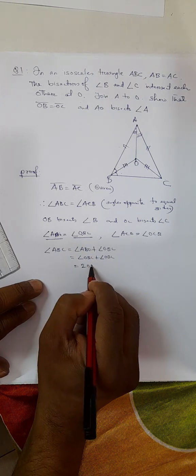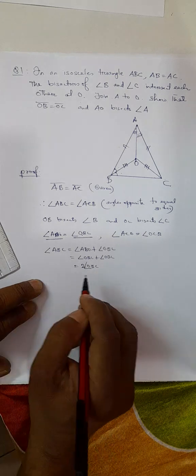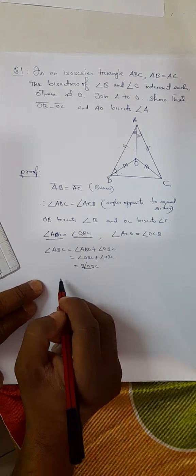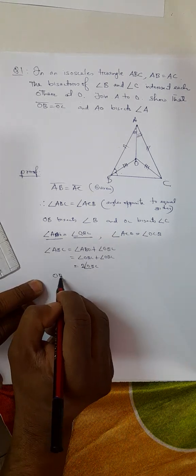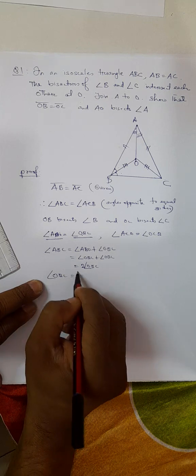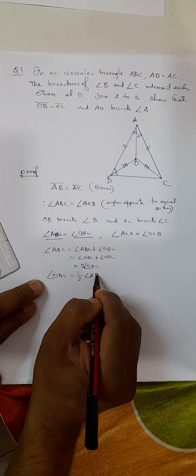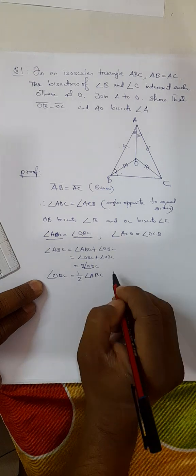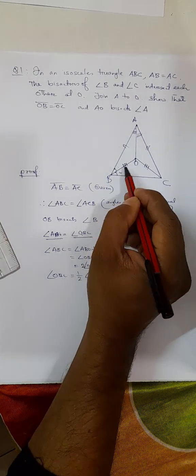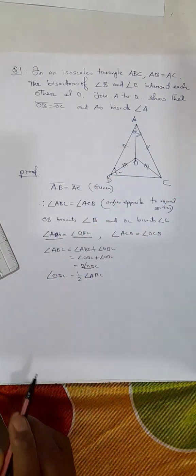That means twice OBC. Angle ABC equals twice OBC. So we find that OBC equals half of angle ABC. Right? This angle OBC equals half of angle ABC.